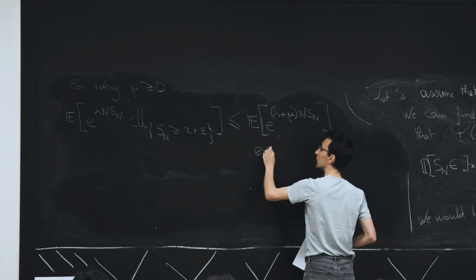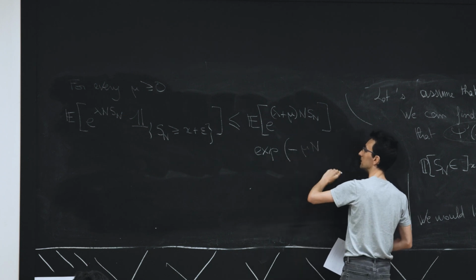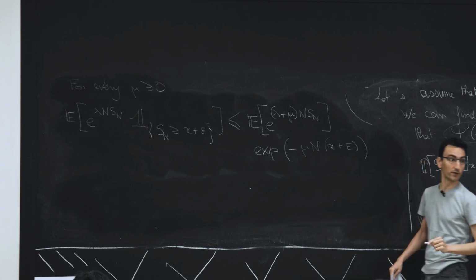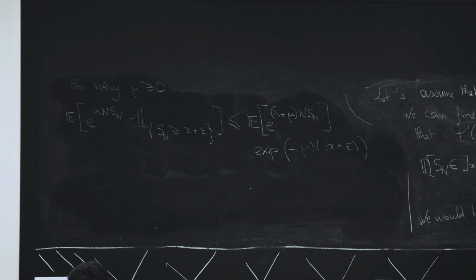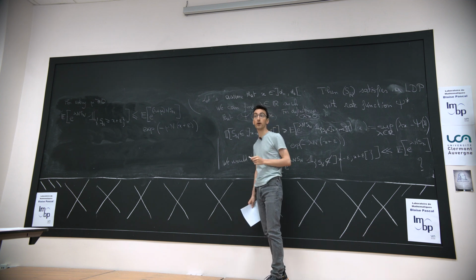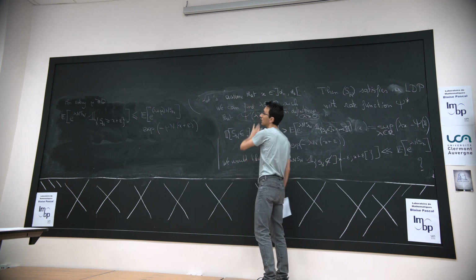Okay, so now what should I compensate this with? Minus mu n x plus epsilon. You check if I'm doing things correctly or not. I tried to write my upper bound using a new parameter mu, which I'm going to optimize over again, like in my proof for my upper bound. Lambda is fixed now, given by this.